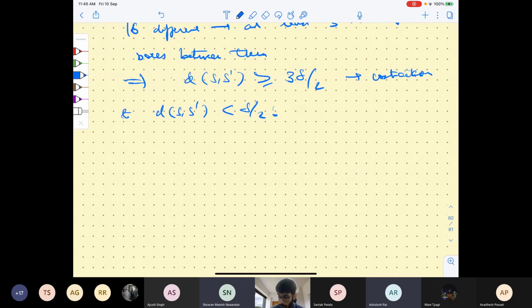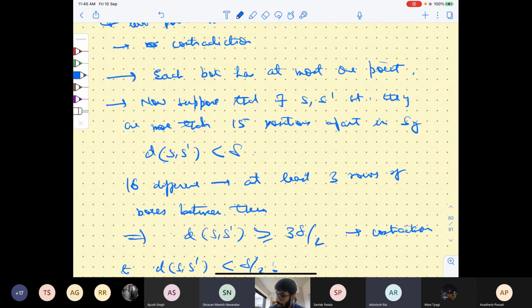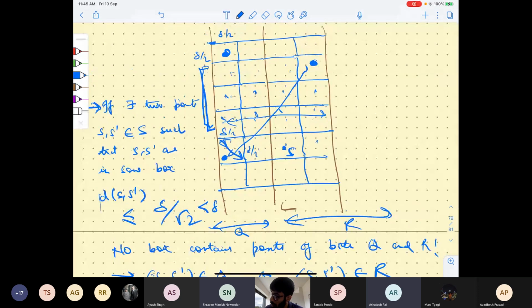Sir, why isn't 11 steps sufficient? Because you can be here, and so 11 steps. What can happen is that you have all the points like this: 8, 9, 10, 11. Somehow this point came somewhere here. Actually, the y coordinates are different, so 11 steps might be sufficient.